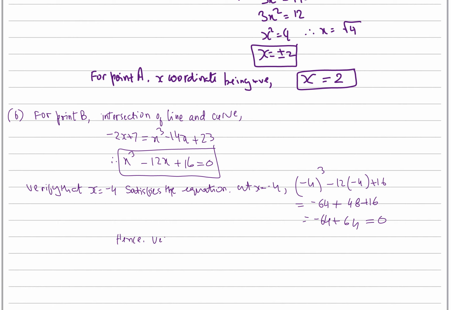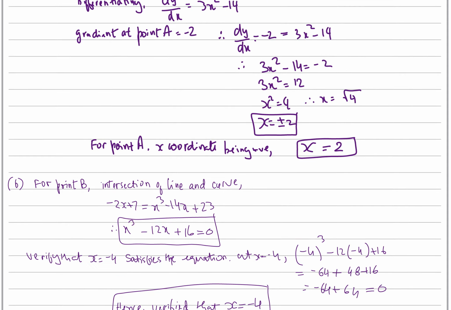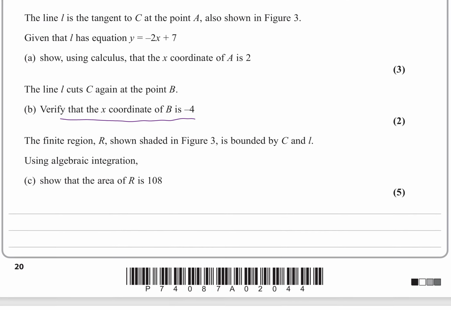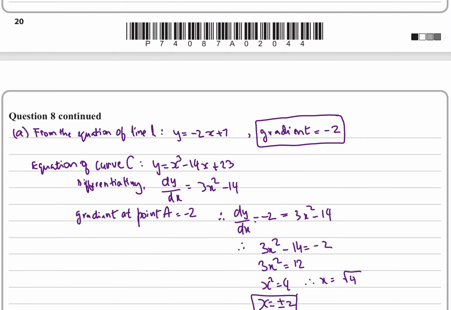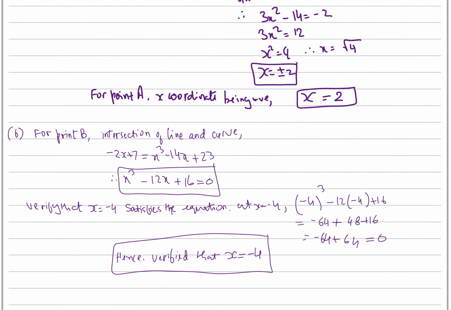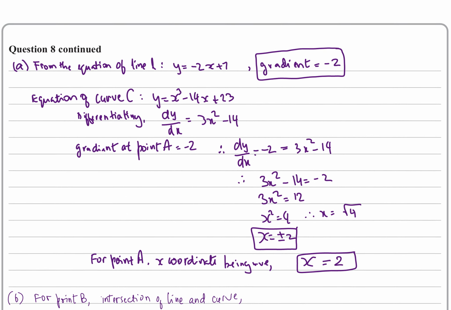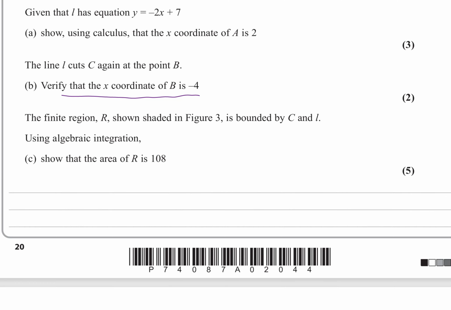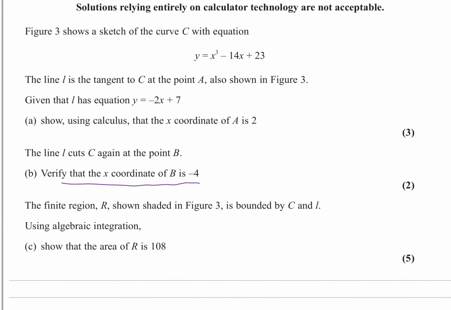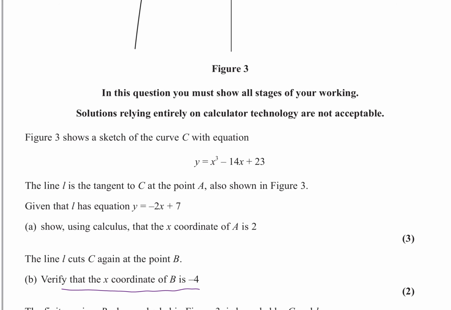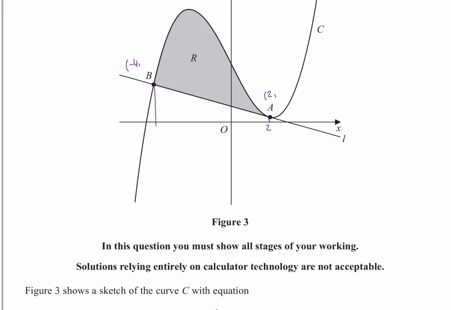Hence we have verified that x is equal to -4. Because it satisfies the equation, it's verified, so the x-coordinate of B is -4.